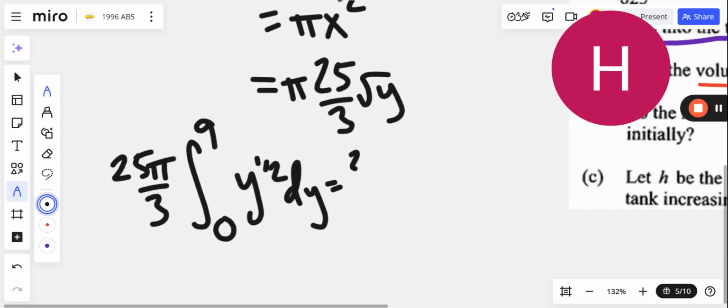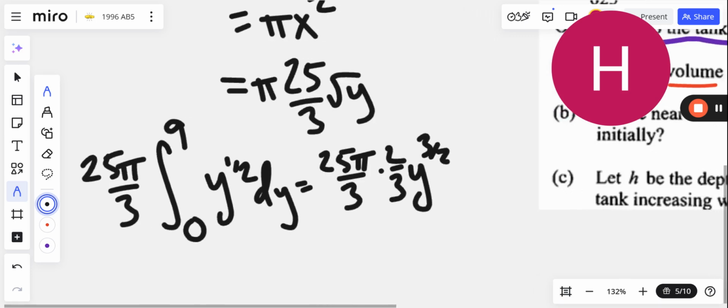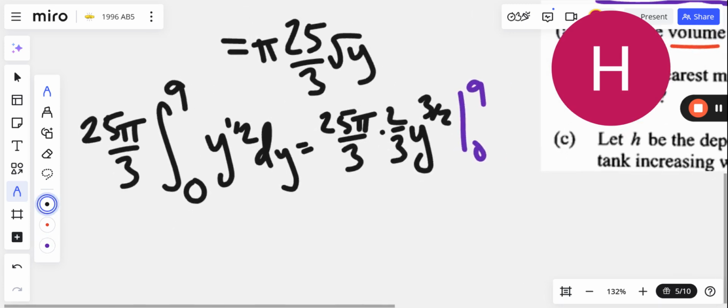So this is going to give me 25 pi over 3. And then anti-differentiating gives me 3/2 power. Divide by that, which means flip it. Multiply by 2/3. And this is going to be evaluated from 0 to 9. If we plug in 0, of course, we just get 0, so there's not really anything interesting there.